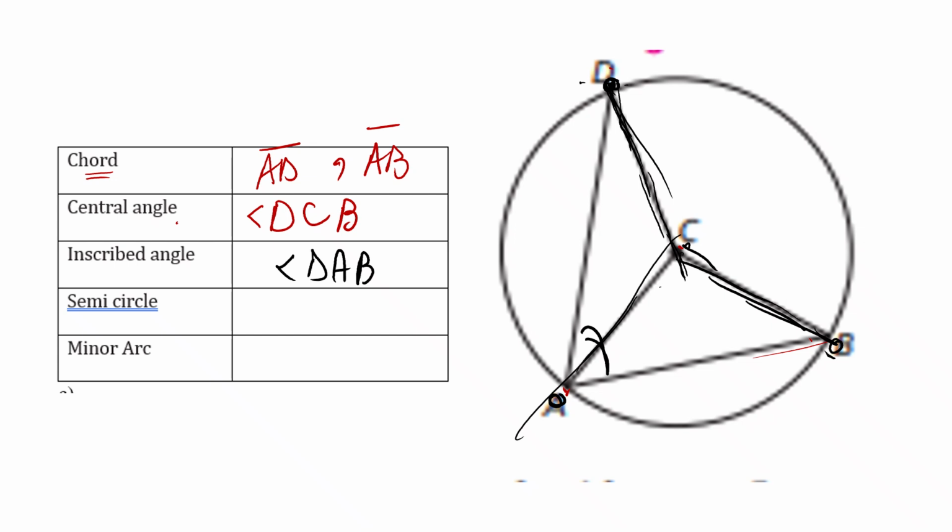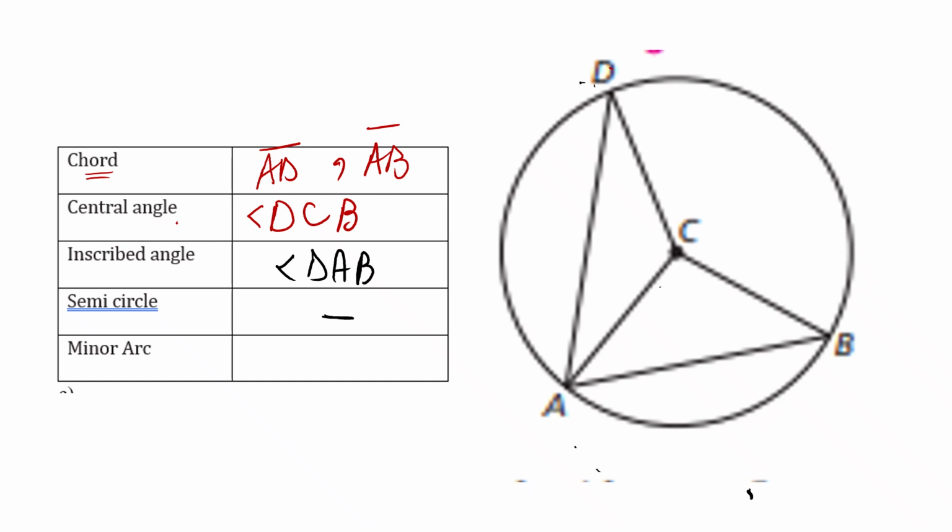If I extend this line to here and name it as O, for example, then I can say that arc DAO is a diameter. But in the given situation, I couldn't say what my semicircle is.